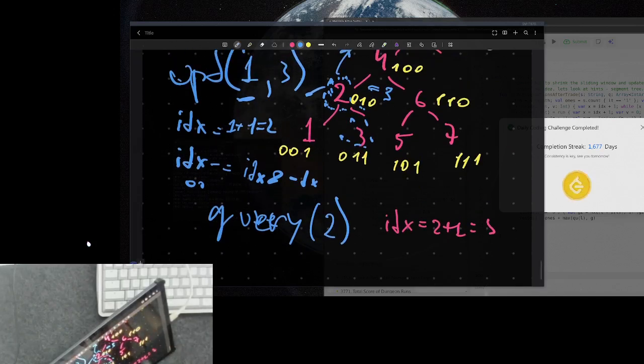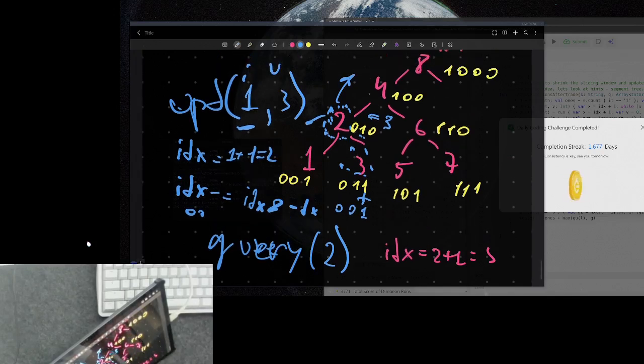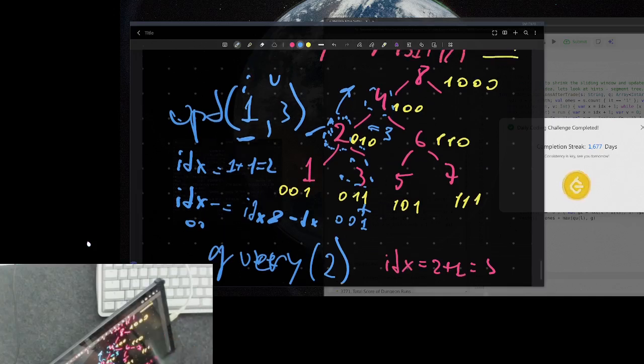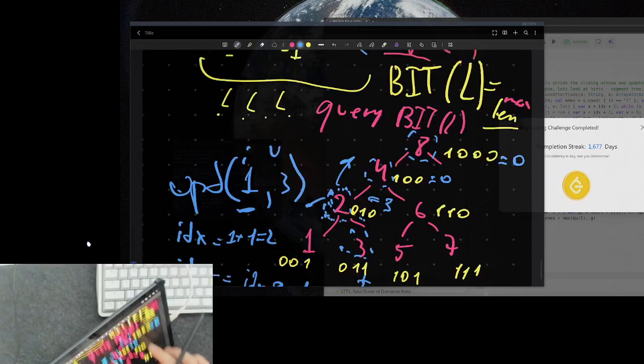Going to the suffix, we add 0, 0, 1, and it goes straight to 4, and then straight to 8, and all of them are zeros. Basically, we skipped this 2.